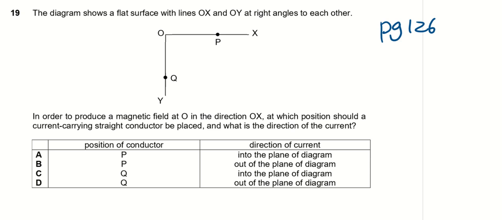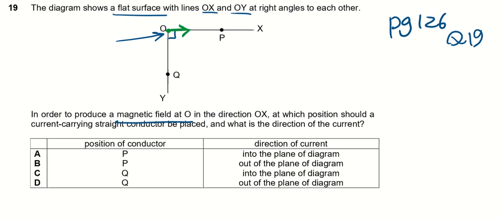Okay, this is page 126 of your resource package, question 19 MCQ. This is for electromagnetism. The diagram shows a flat surface with lines OX and OY at right angles to each other. In order to produce a magnetic field at O, in the direction of OX, that means at O, I must have a magnetic field with the direction parallel to OX.